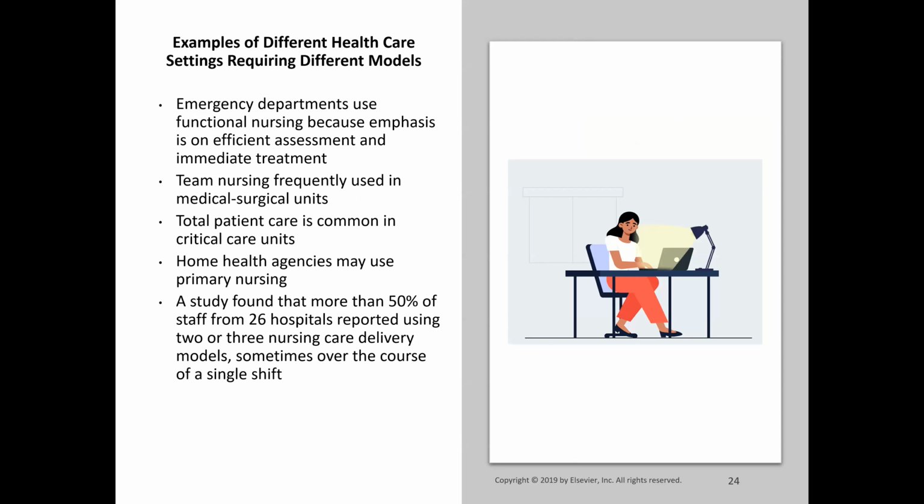So there are different examples of healthcare settings that require different modules. Again, it depends on whether you use team nursing or primary care nursing, depending on where you work. For team nursing, it's more of your med-surg unit where you have a high volume of patients that need different care, so you can use RNs, LPNs, and nurses aides in a team to get these accomplished.